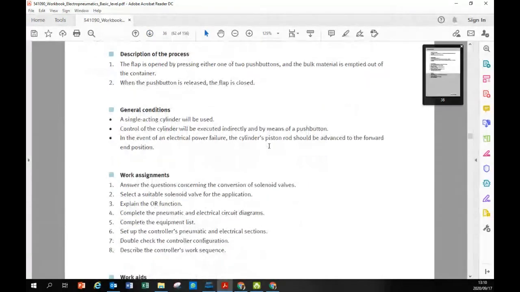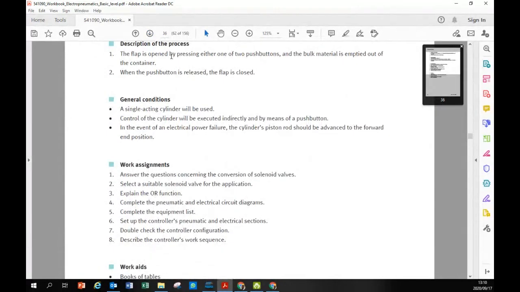And then the flap is opened by pressing either one of the two push buttons, okay? Either. We are in third year, so we should know what either means. It's either or, one of the two push buttons.